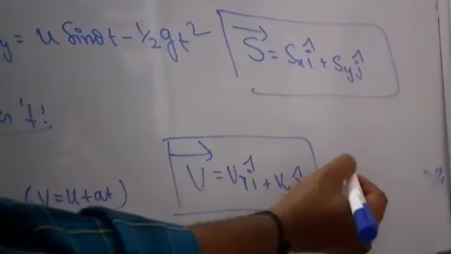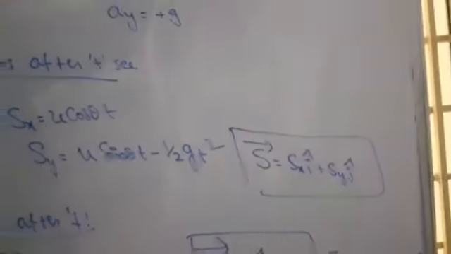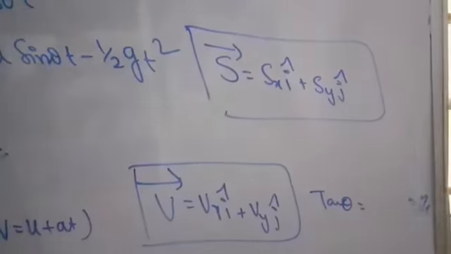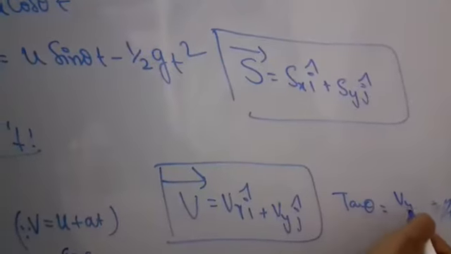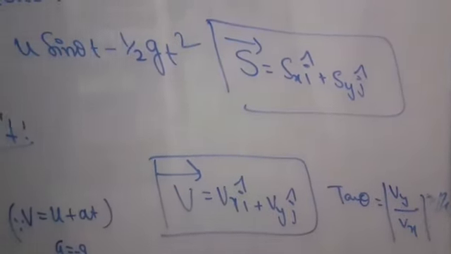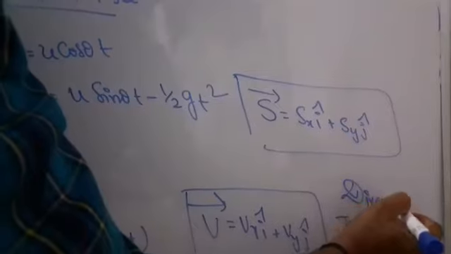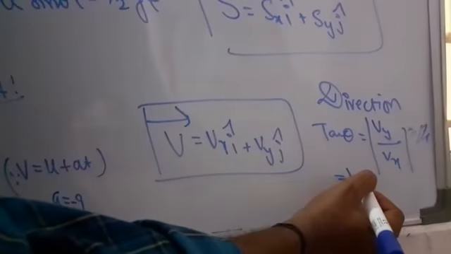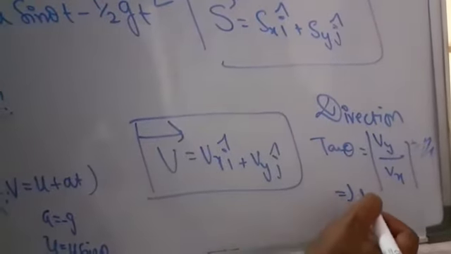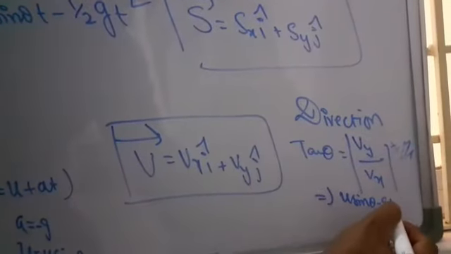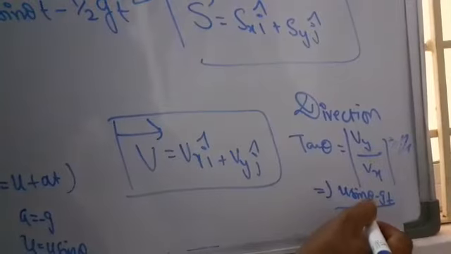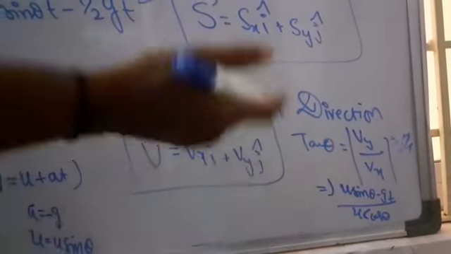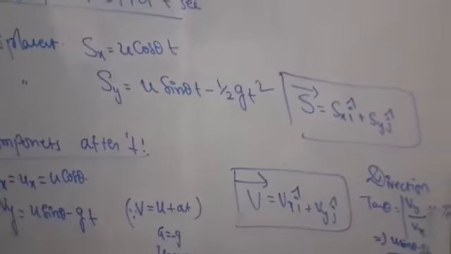For the direction, tan theta is equal to the opposite side by the adjacent side, that is vy divided by vx, which is u sin theta minus gt divided by u cos theta. This is the direction of the resultant.